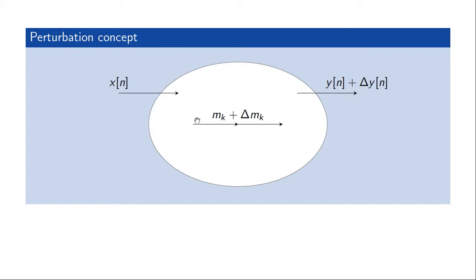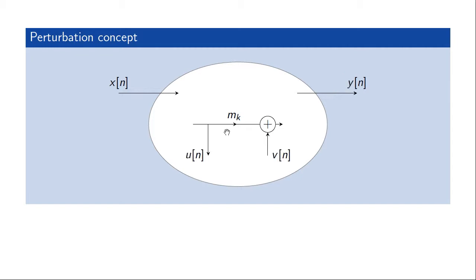Now, if you have an input to this particular multiplication, and that gets multiplied by m_k plus delta m_k to the output, that's equivalent to taking the input and separately multiplying it with both of the two parts of this component and then adding them back together again. Viewing it in this way allows us to sort out what happens for the signal from x[n] up to this point and for the signal from this point to the output, and separate that out from the change in this particular multiplication.